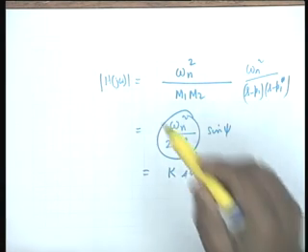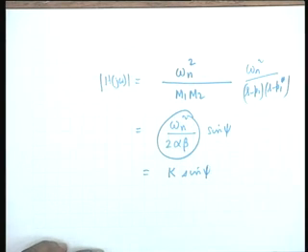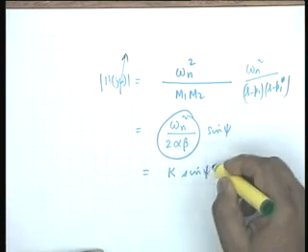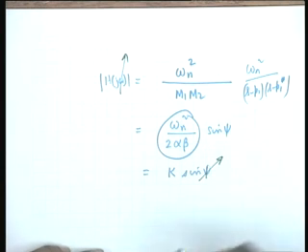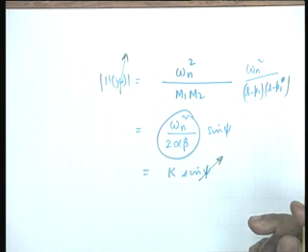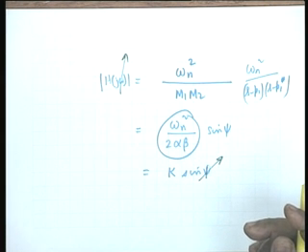As frequency varies, as omega varies, k remains a constant, it is only psi which varies. So, if with the variation of omega I can find the values of psi, then I know the variation of magnitude with frequency.